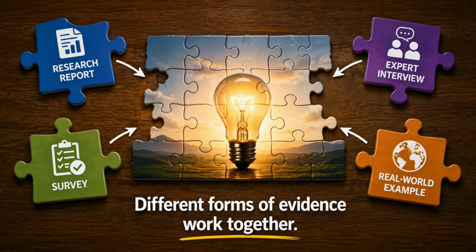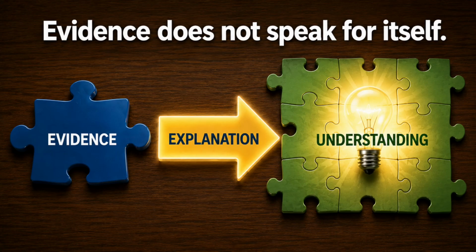Strong informative writers develop ideas using multiple forms of support. For example, a research report, a survey, an expert interview, a real-world example. These different forms of evidence work together. More importantly, they are explained. Remember this important element. Evidence does not speak for itself.